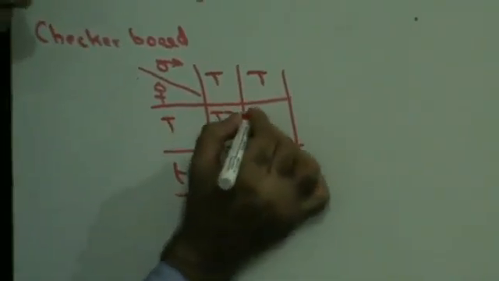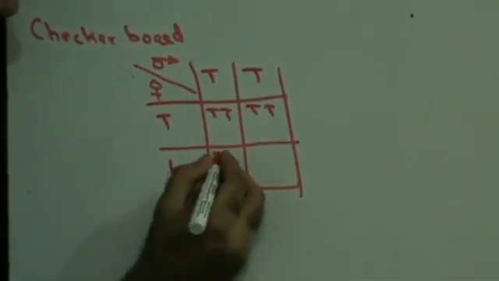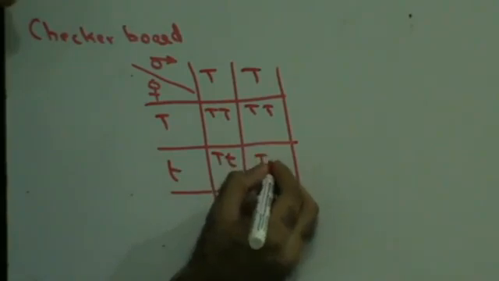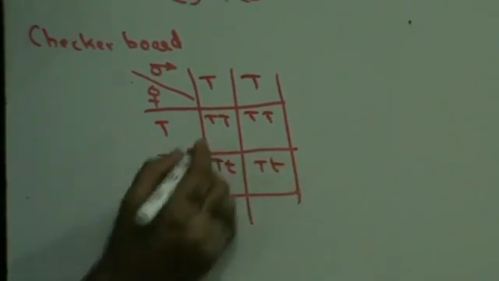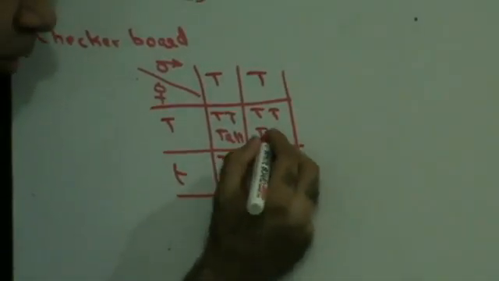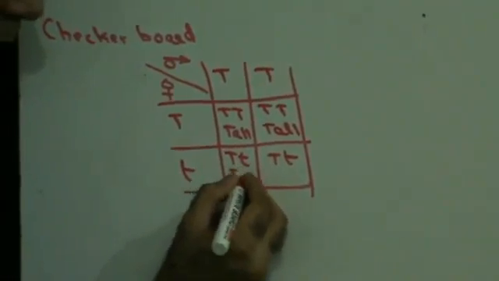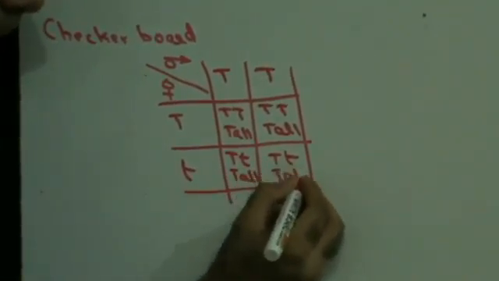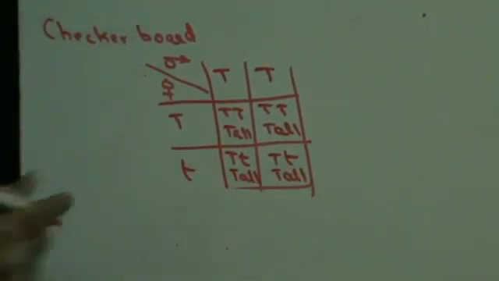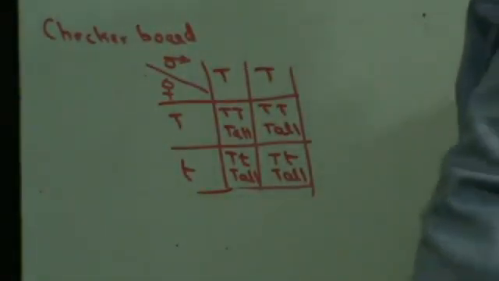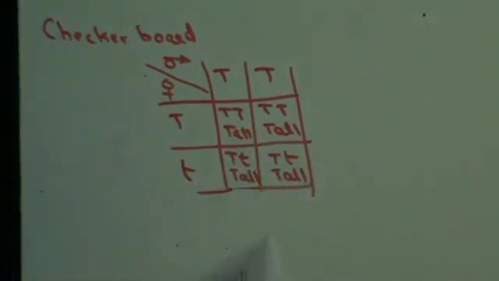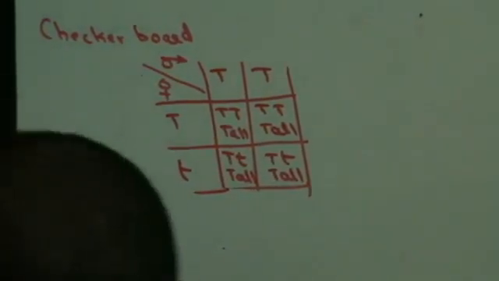Now in this case you will get TT, TT, capital T small t, capital T small t. So this is tall. All four of them are going to be tall. Two of them are going to be pure tall and two of them are going to be hybrid tall. Right? So this is going to be a backcross between F1 generation and dominant parent.